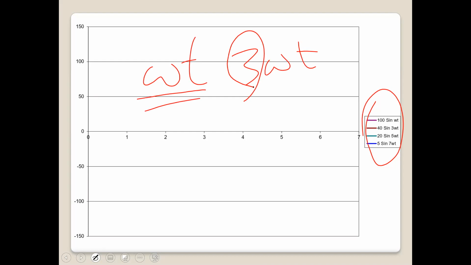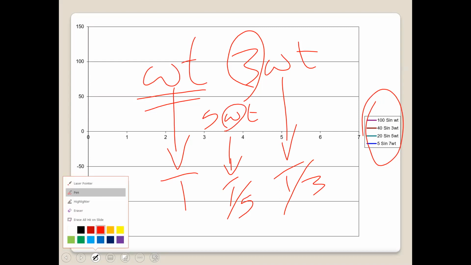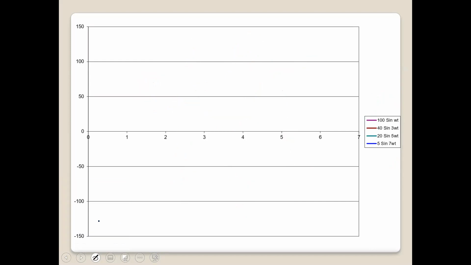So if the periodic time for omega t is big T, then the periodic time for 3 omega t would be T over 3. Similarly, for 5 omega t, the periodic time would be T over 5, since we are dealing with the same omegas. Everybody comfortable with that?